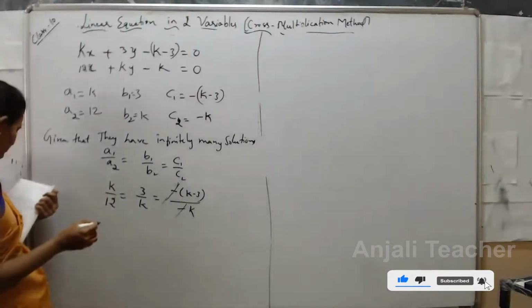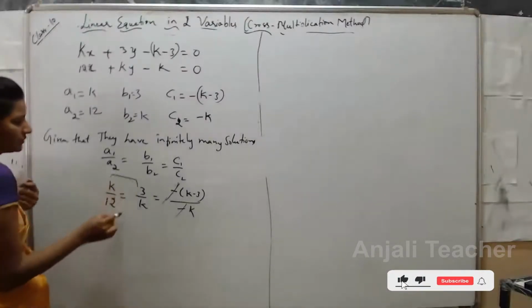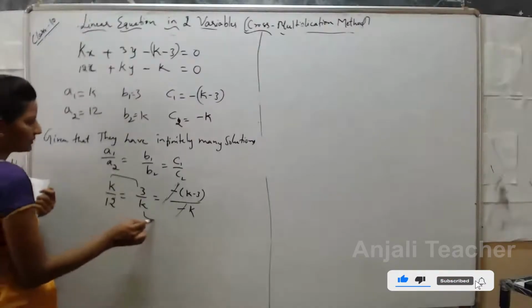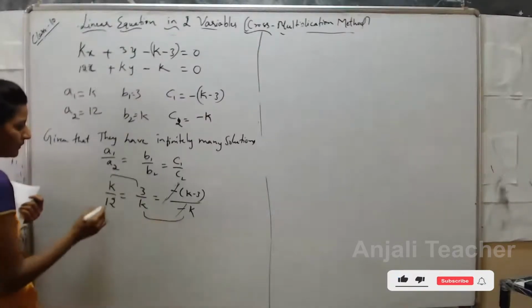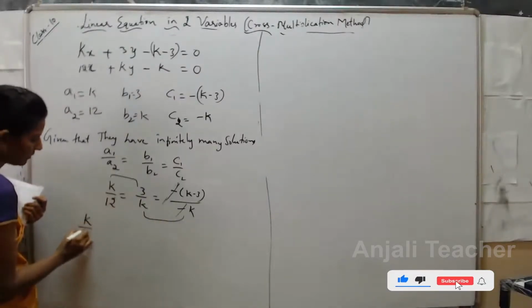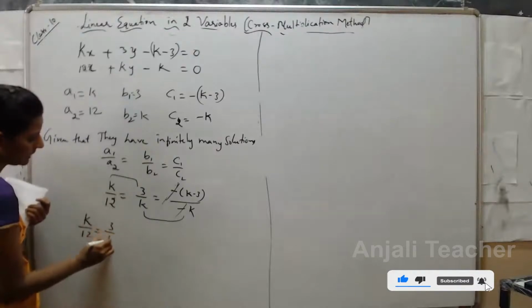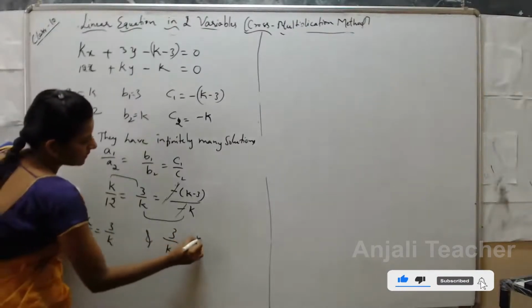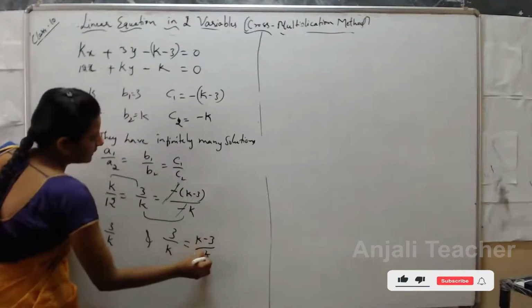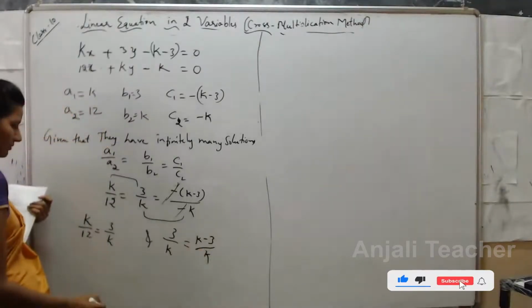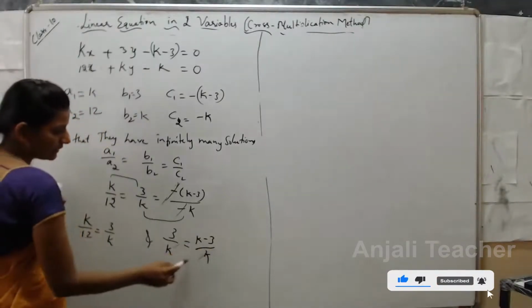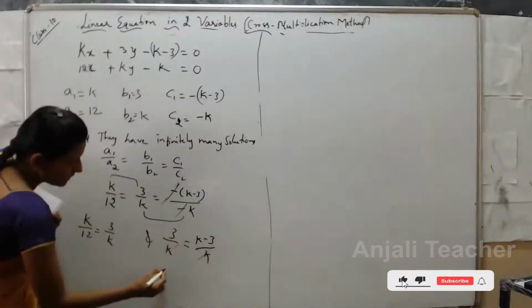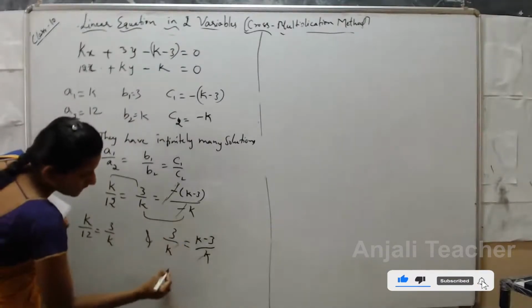Compare these two: k by 12 is equal to 3 by k, and 3 by k is equal to k minus 3 by k. K gets cancelled here. So this becomes minus 3 comes to the right side.